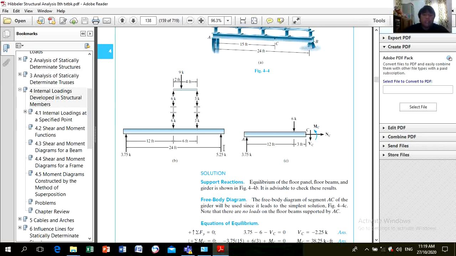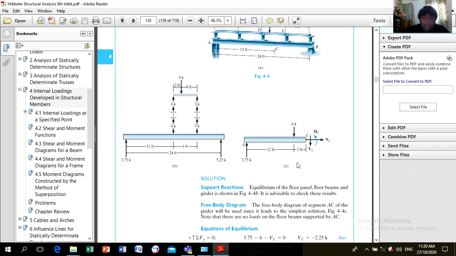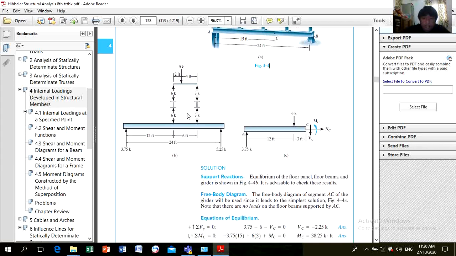Now that we have the support reactions, we can proceed to apply a cut section at point C, located at 15 feet, somewhere here.